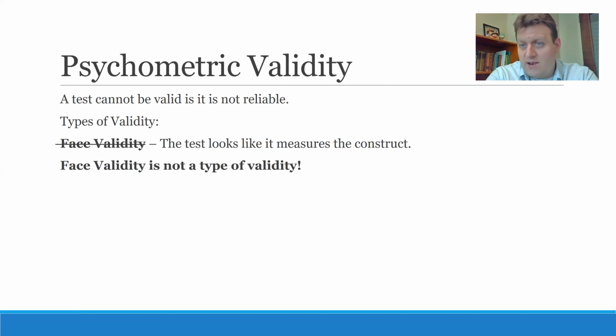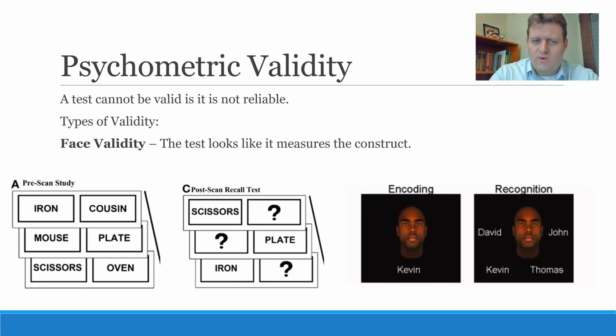All right. It's not. The extent to which your test looks like it measures the construct sometimes is of no consequence. So this test that seems like it has nothing to do with memory in the real world is very similar to how we learn new words. Or if we're trying to learn a foreign language, we're trying to pair the word in English with the foreign word.